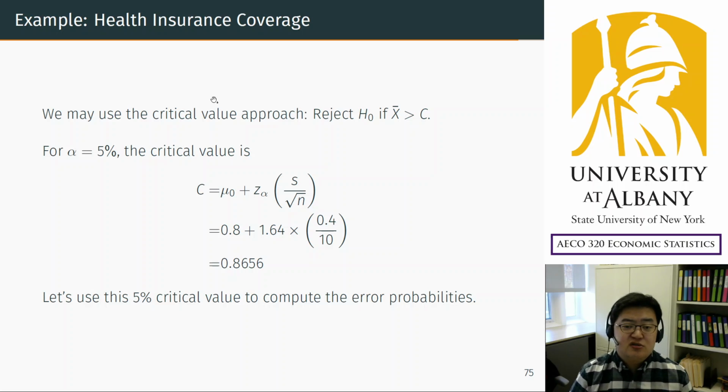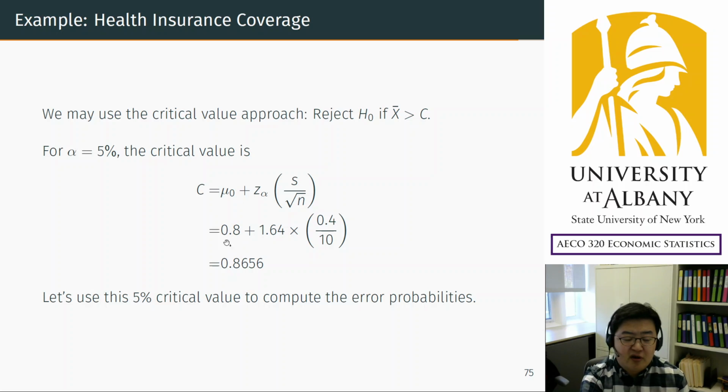Okay, now let's use the critical value approach. So again, the critical value is only on the upside, and you reject if the realized sample average is greater than the critical value. If you use the 5% significance level, the critical value will be calculated this way.